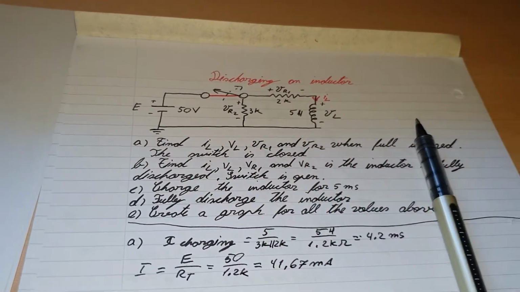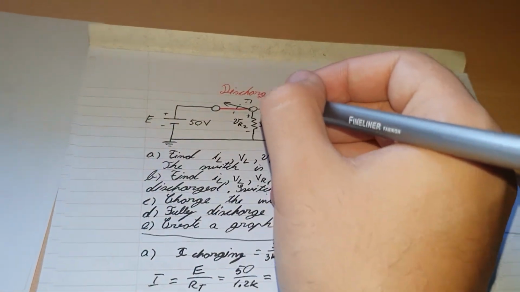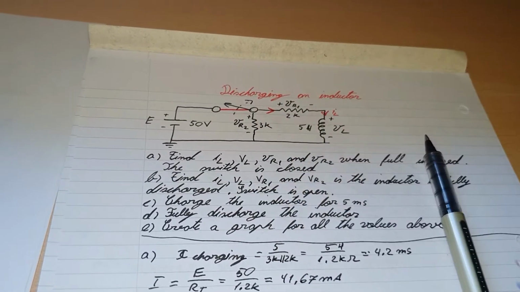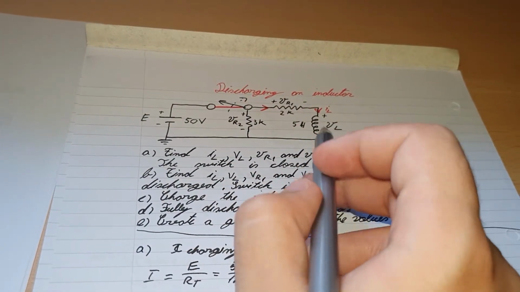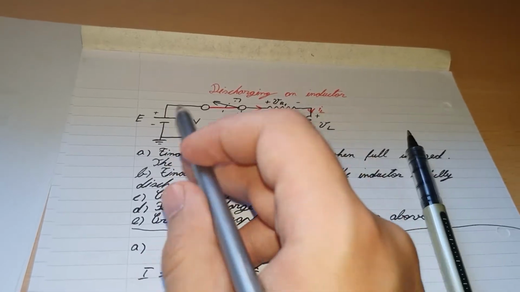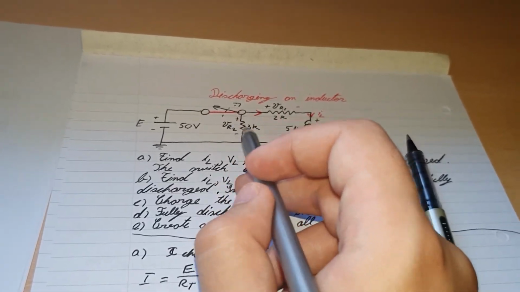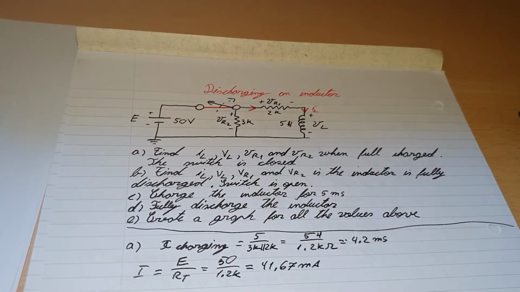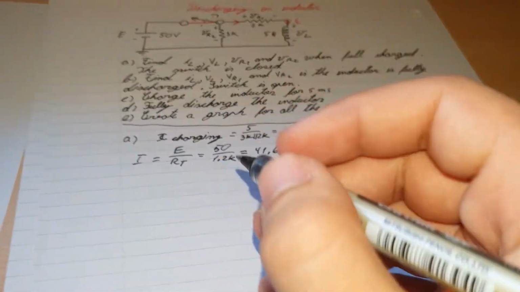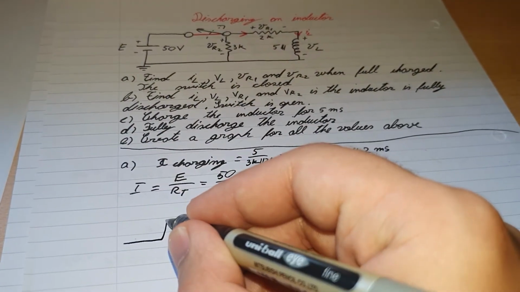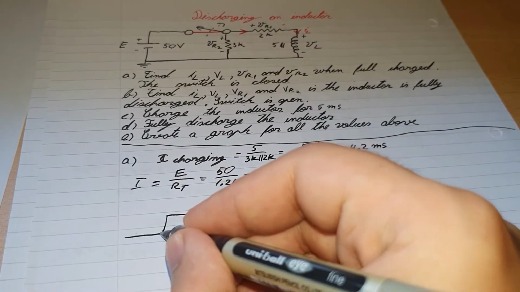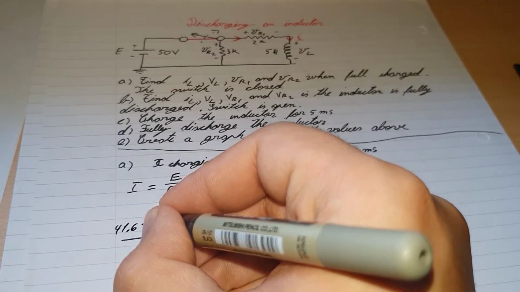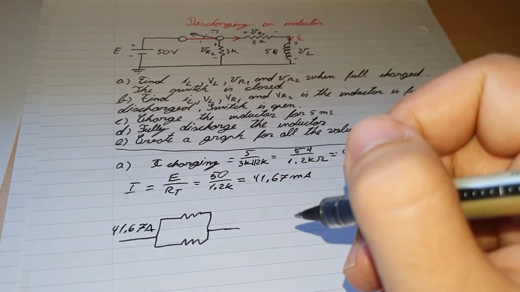Now we need to find the current through this resistor that goes through the inductor, in this way, because we don't really care about the current going through this yet, through R2. So we can apply the method that I showed you before, which is just drawing 2 quick resistors in parallel and writing in the input current 41.67 milliamps.